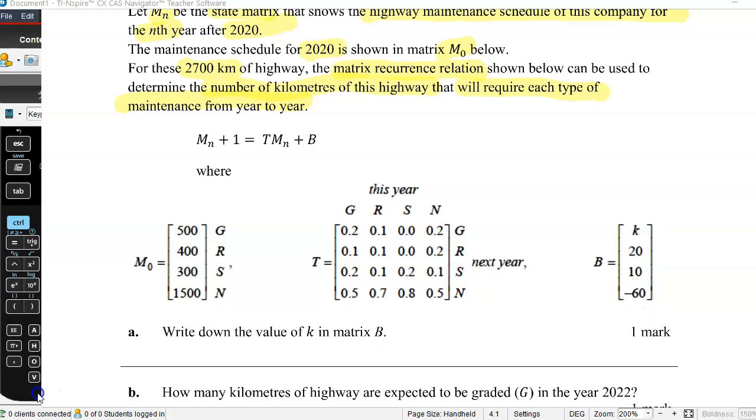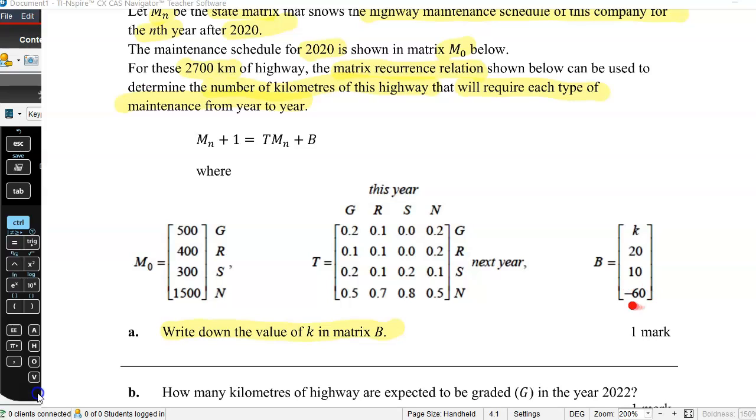So looking at B, our question is: write down the value of K in matrix B. We see 60 kilometres is taken out of the system here. So that means we've got to put back 60 kilometres, because there's always going to be 2,700 kilometres.